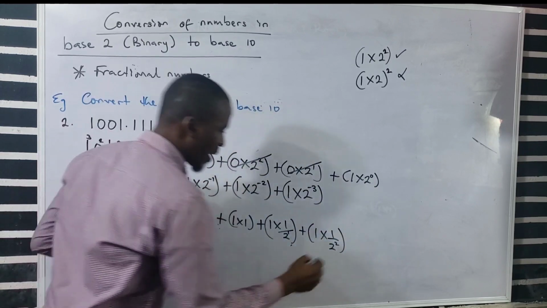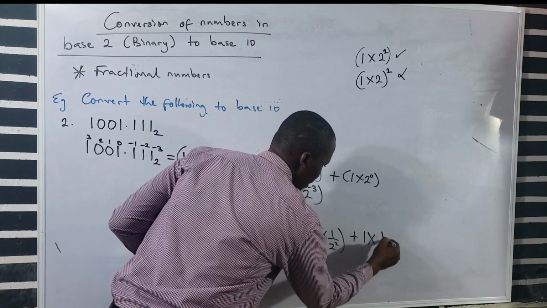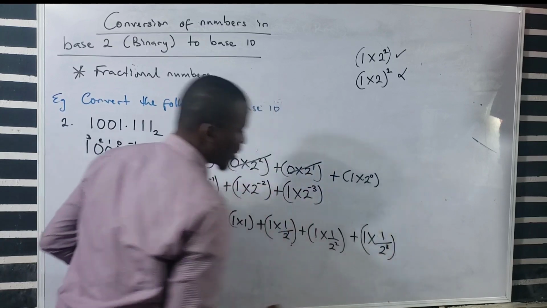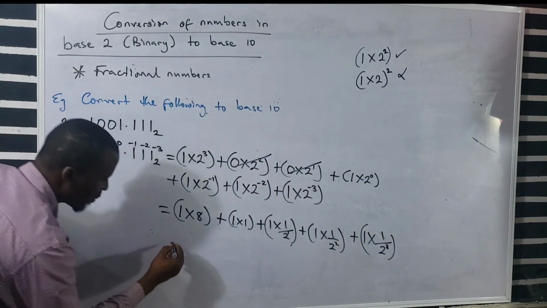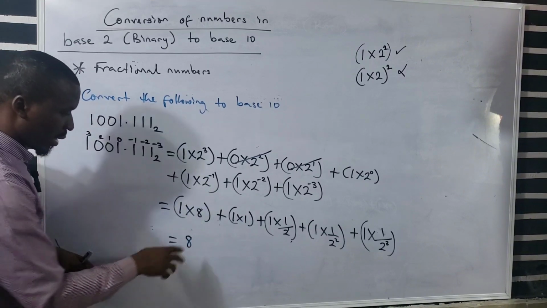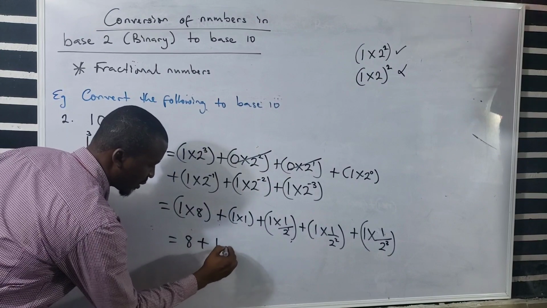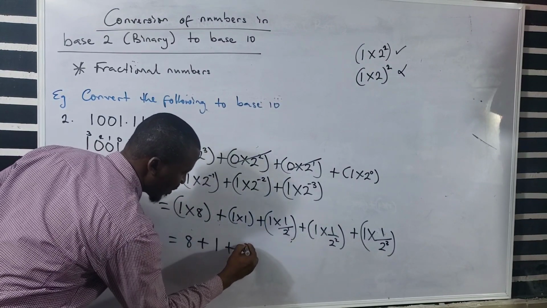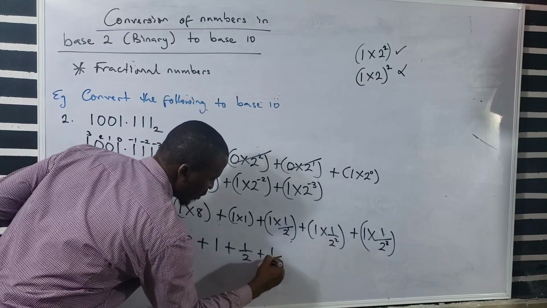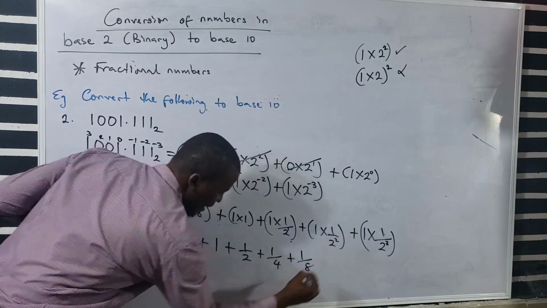And the last one will give you 1 times 1 over 2 raised to power 3. So when you simplify the bracket, you have 8 here. The second one will give me 1. This one will give me 1 over 2, this one 1 over 4, and that one 1 over 8.